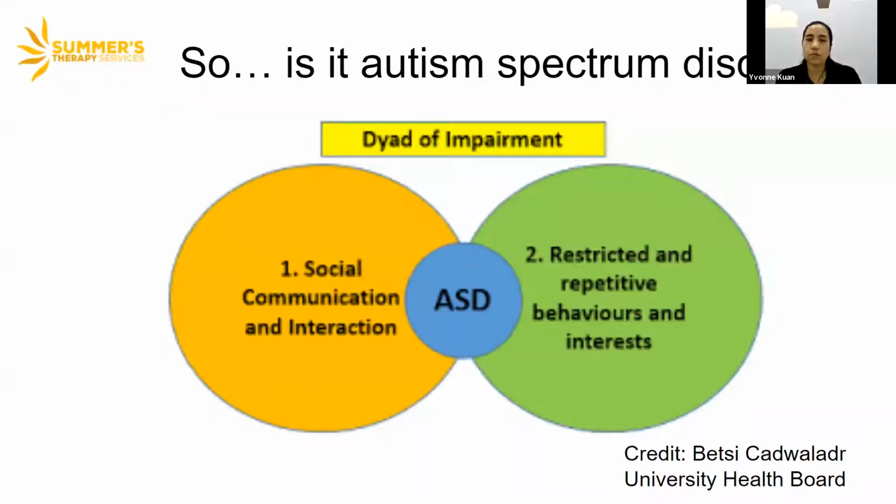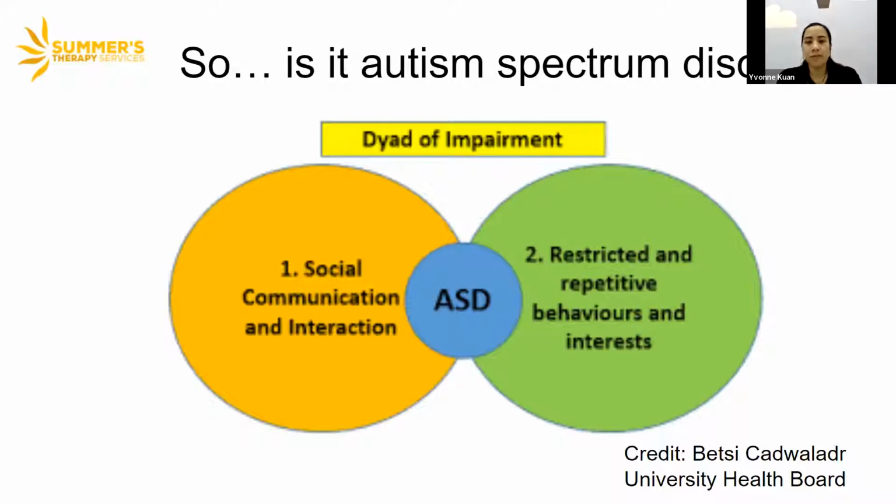In autism spectrum disorders, yes, one of the criteria is that you have social communication and interaction difficulties. But another important criteria is that you have restricted and repetitive behaviors and interests. So just because you have social communication difficulties may not necessarily mean that you have autism spectrum disorder.